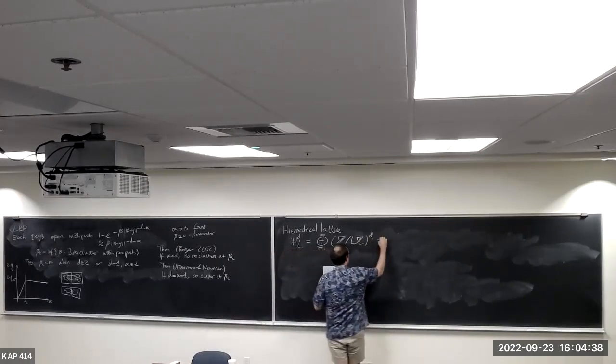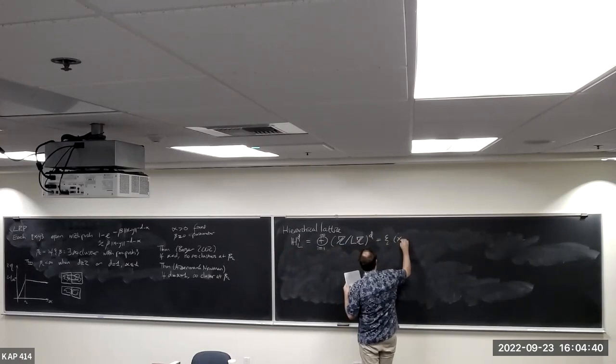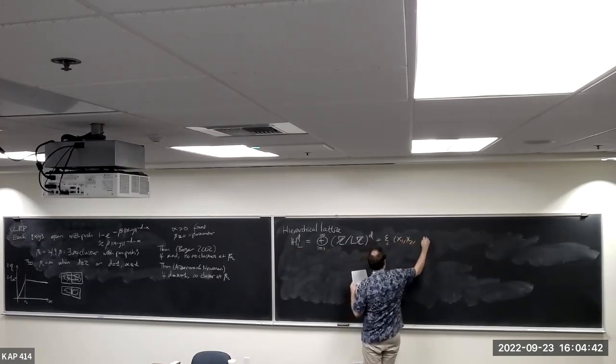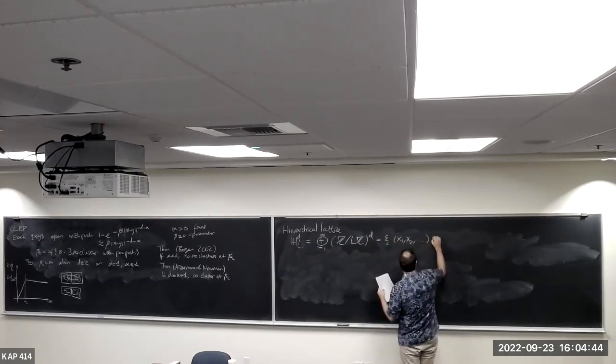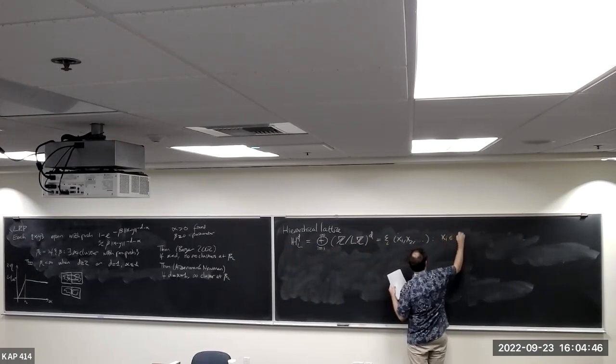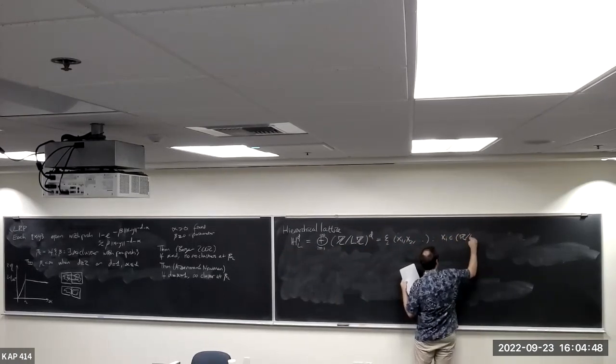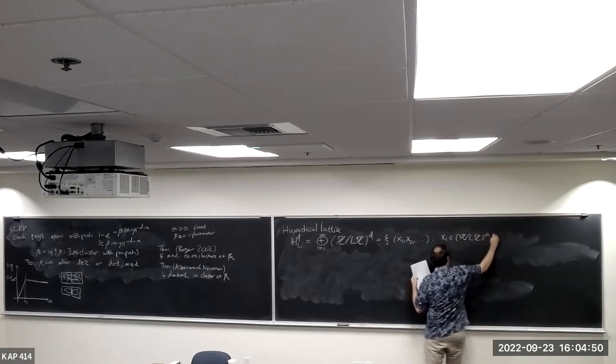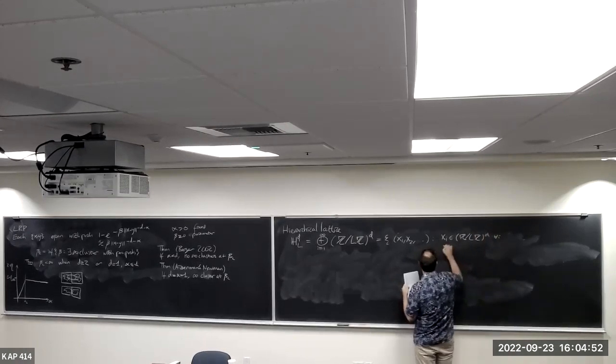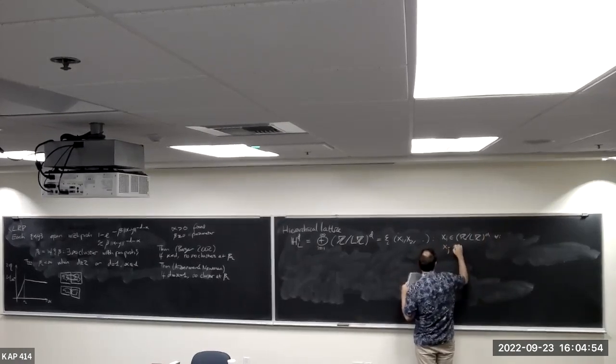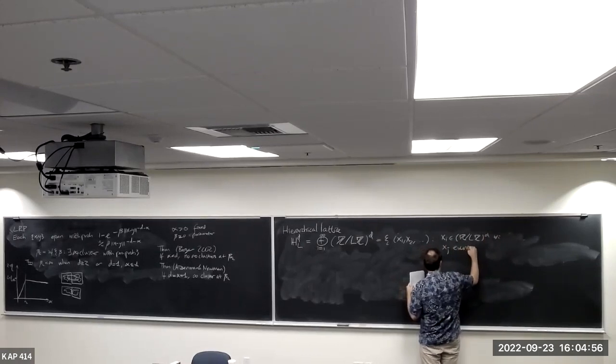In other words, these are infinite strings where x_i is in the torus for each i, and x_i is eventually 0. It's finitely supported.